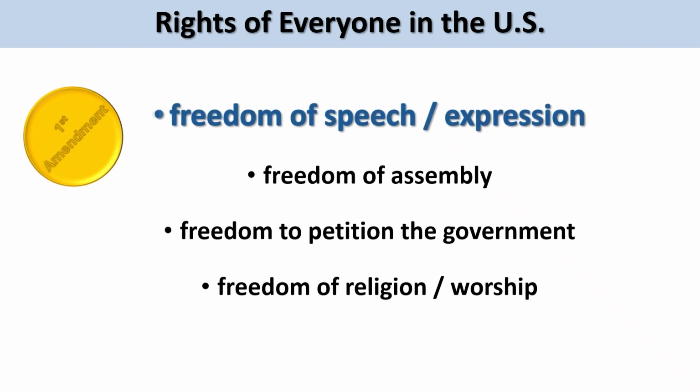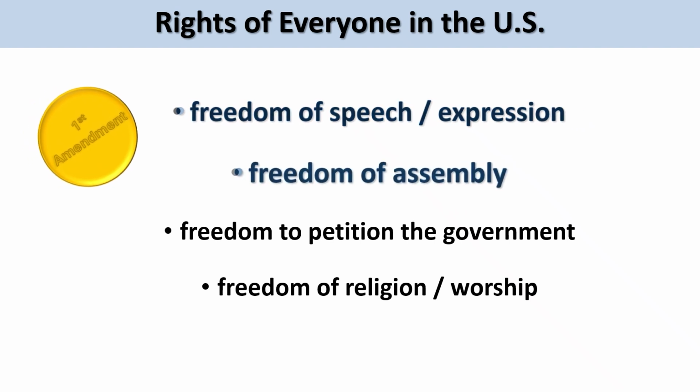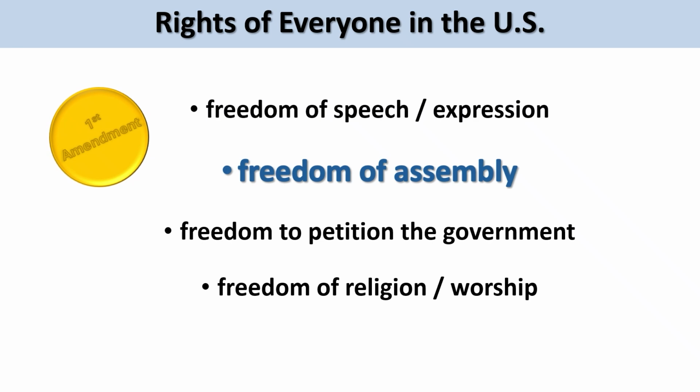Freedom of speech, along with freedom of expression, means the government cannot constitutionally punish a person just for sharing their opinion, whether they do it verbally or symbolically. Freedom of assembly means people have the right to peacefully gather in public spaces.